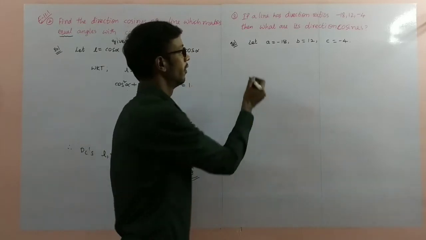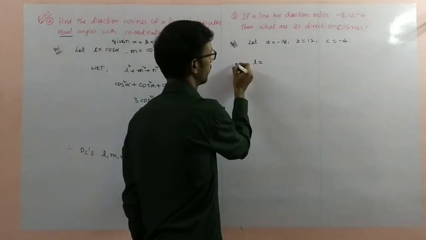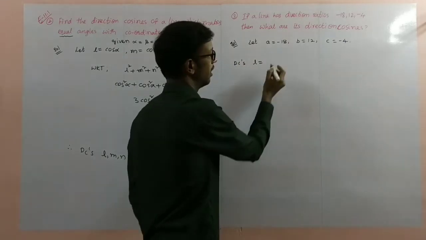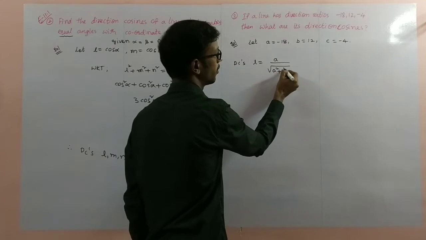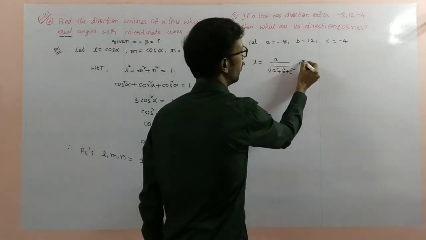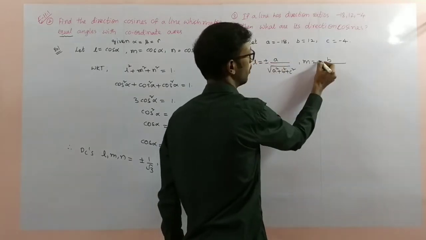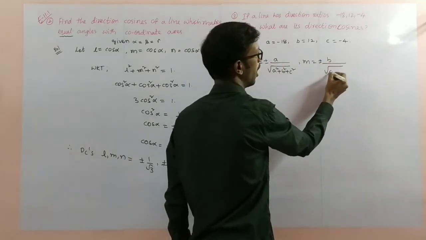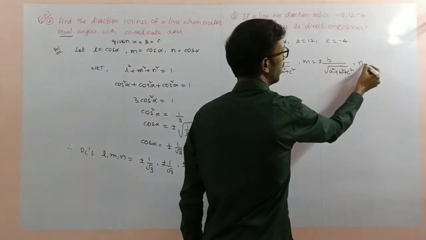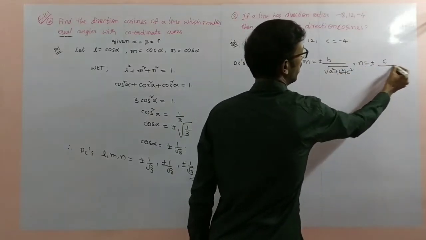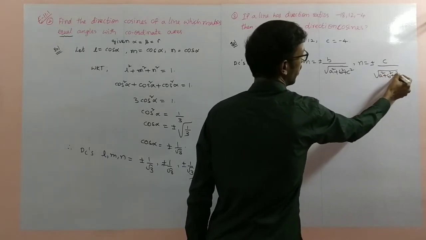So now, therefore, direction cosines l equal to a by square root of a square plus b square plus c square, m equal to plus or minus b by square root of a square plus b square plus c square, n equal to plus or minus c by square root of a square plus b square plus c square.